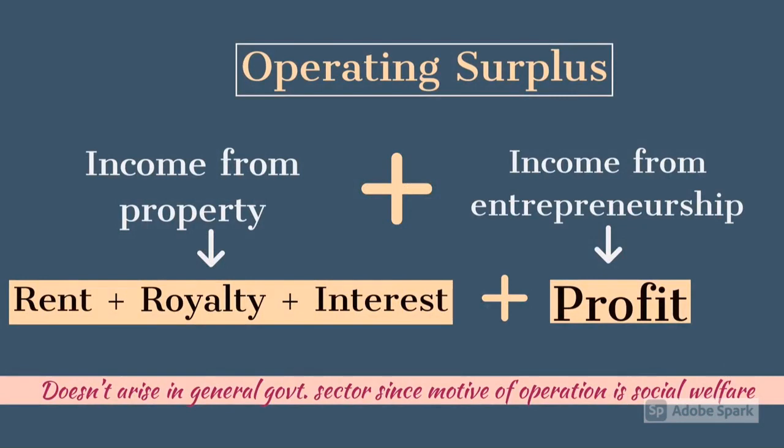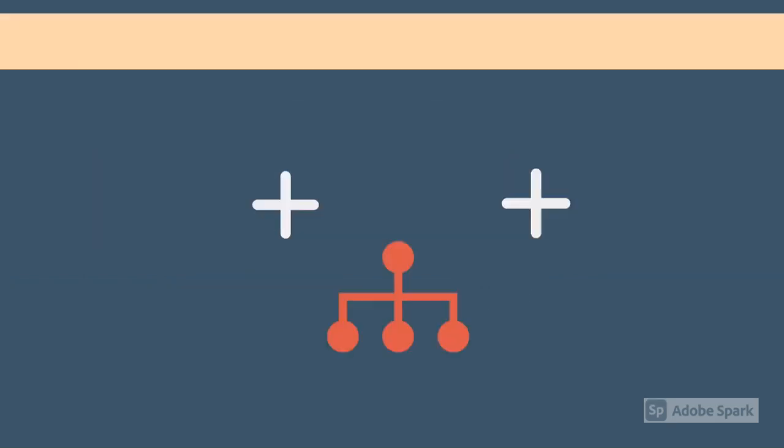It refers to the sum total of income from property, that is rent, royalty, interest, and income from entrepreneurship, that is profit. Operating surplus arises in both private and government enterprises, but not in general government sector, where rent, interest, profit are considered zero, because the motive is only welfare.